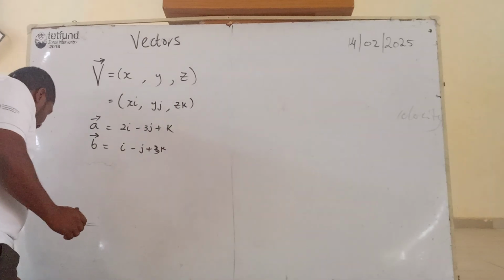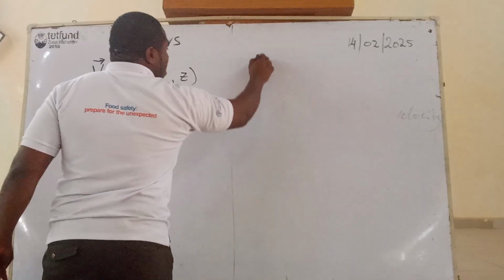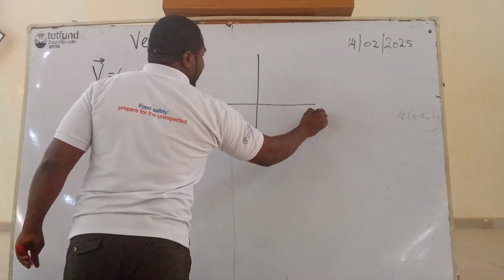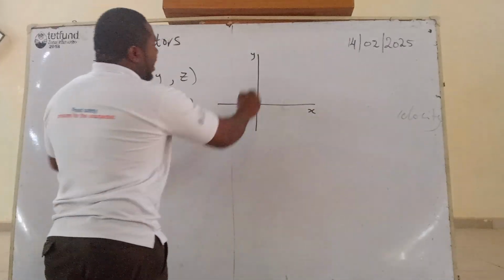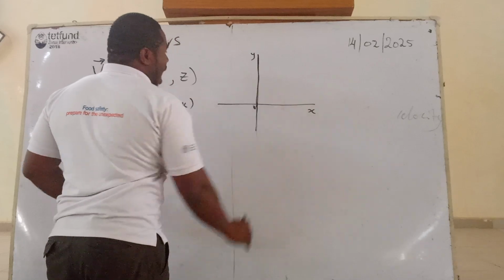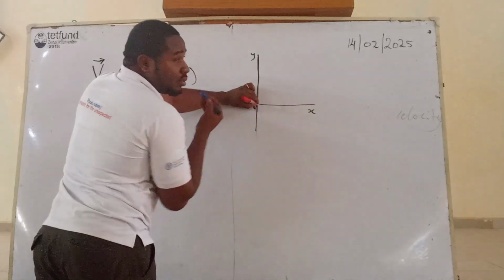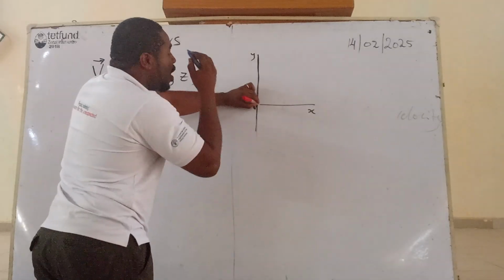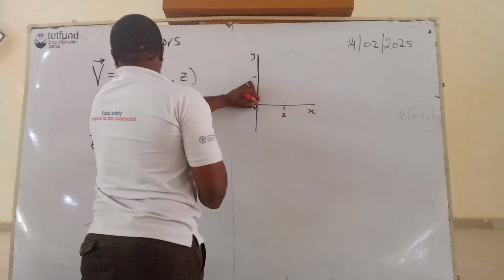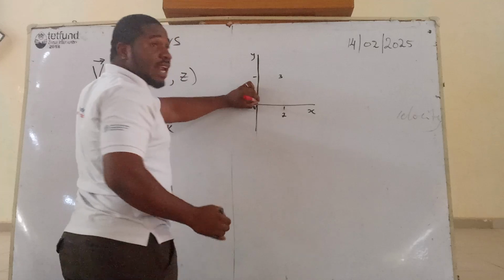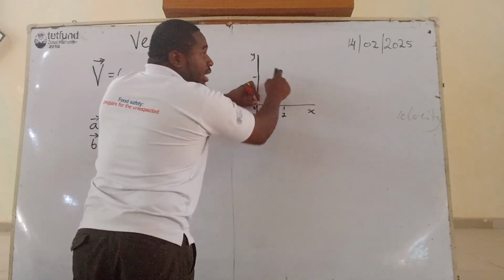Remember I told you that when we represent this vector, this is x and y. This is our origin. Now we are talking about having another direction, z. This is the z direction. Do you understand? So if this is supposed to be 2 and this is 3, then this is located at 2, 3.